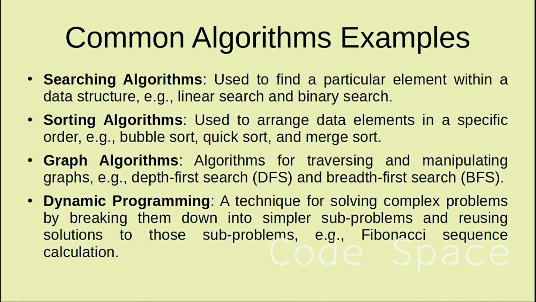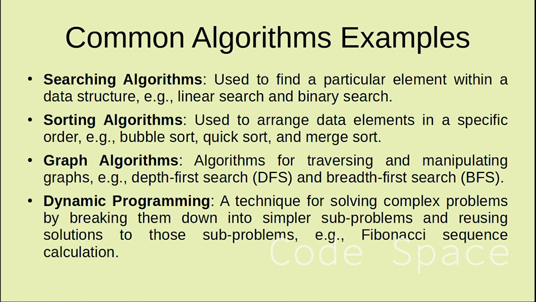Now we have to search for a particular element in that linked list or array. This can be performed by various searching algorithms like linear search or binary search. Another is sorting algorithms. We have to arrange the data elements in a specific order, and there are many sorting algorithms like bubble sort, quick sort and merge sort.